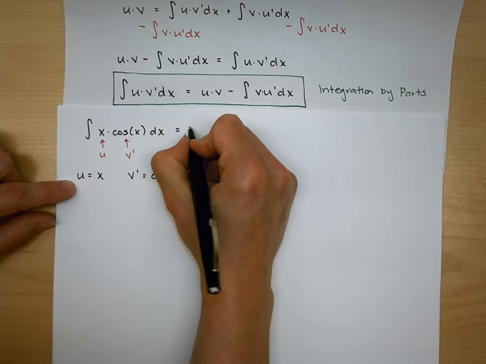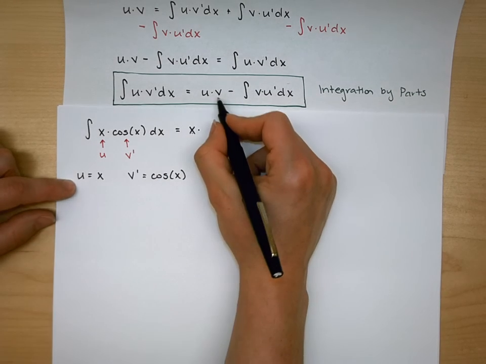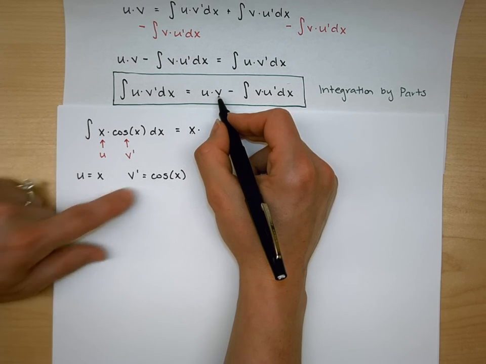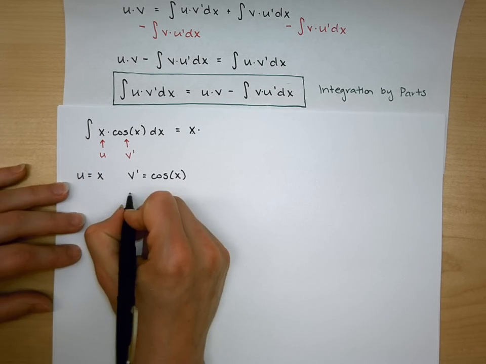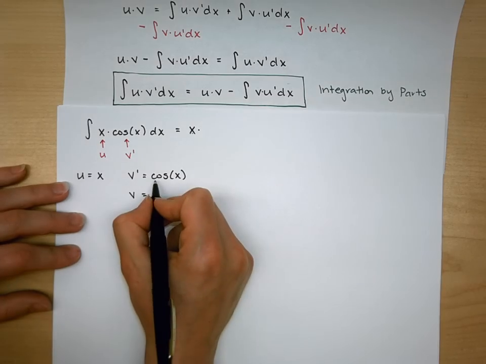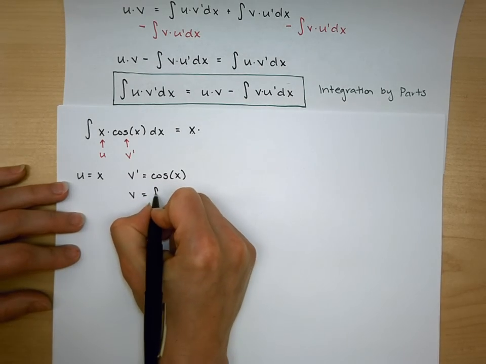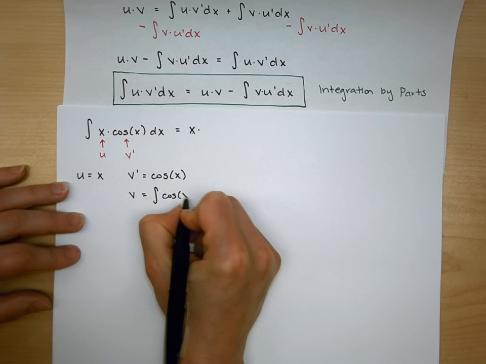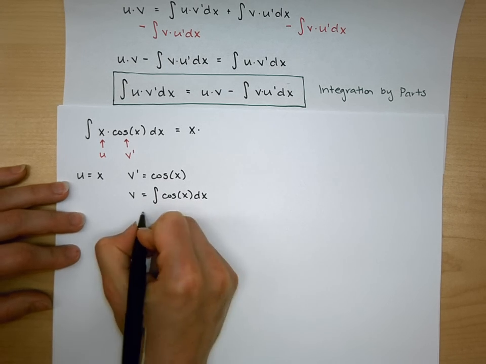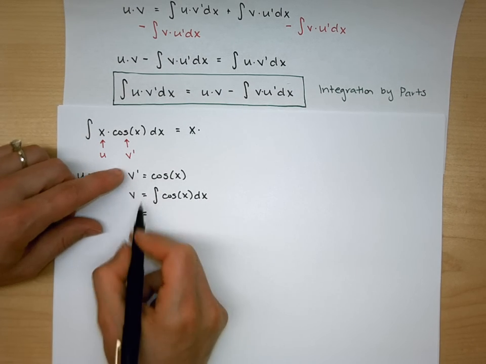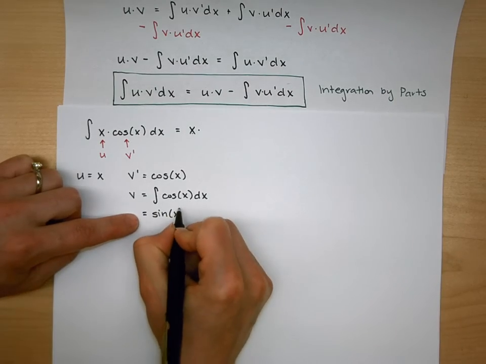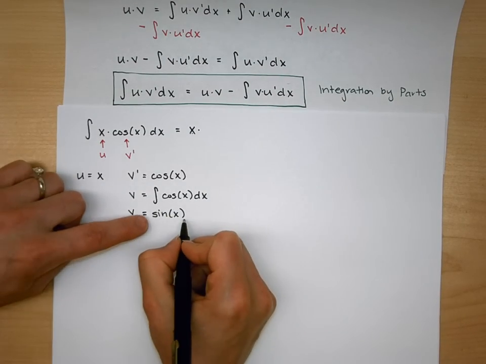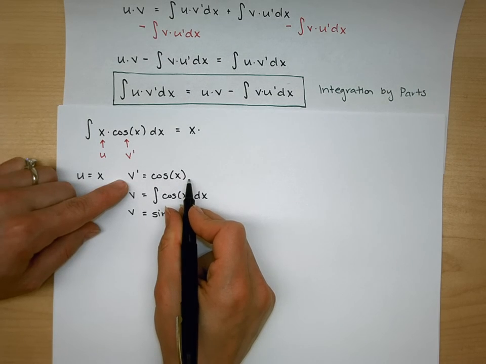That u is x. Now I need to multiply that by v. Now notice I don't know what v is yet, but I do know that v prime is cosine. So that means that the integral of cosine, the antiderivative, is going to be v, right? V prime is cosine, so v must have been sine. The derivative of sine gives cosine.